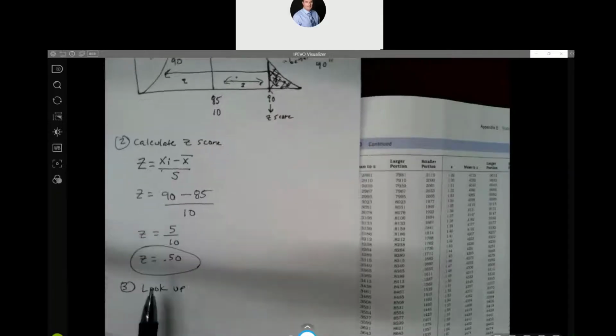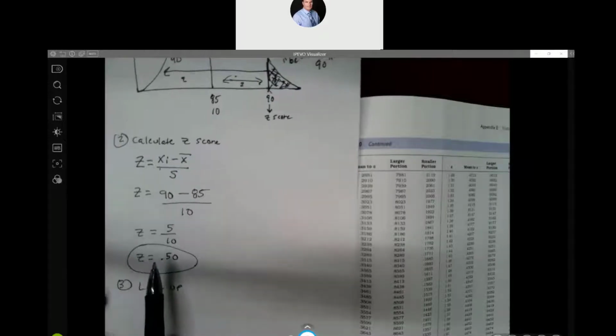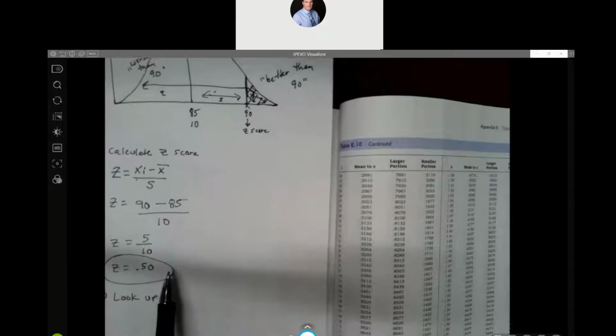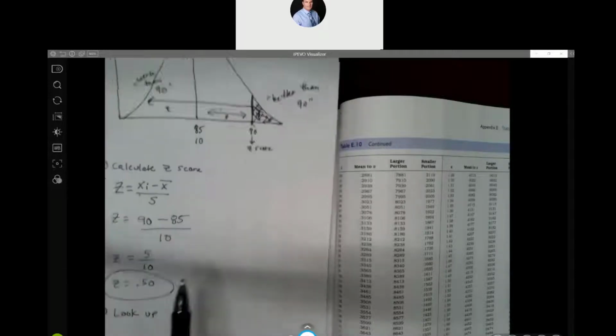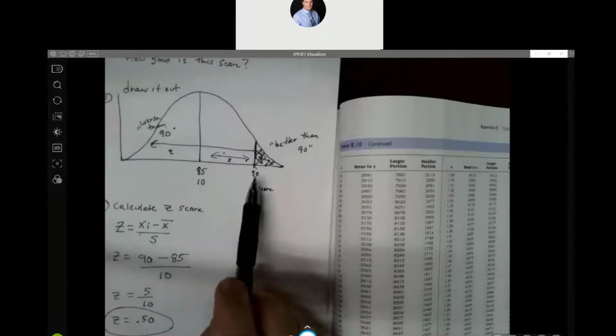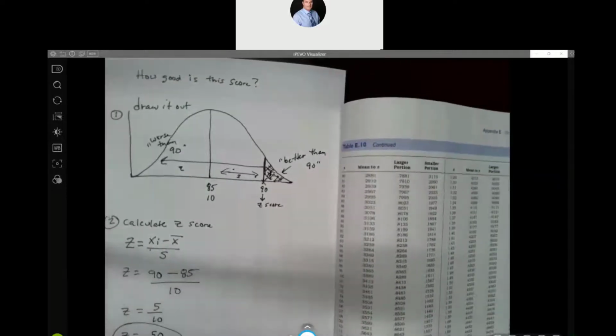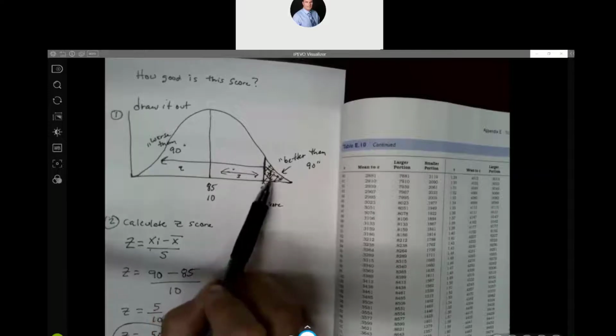So what we're going to do is look up the proportion of scores of whatever area we're interested in. And we're interested in this area here. Now let me ask you this, Daryl. How about you describe this area?